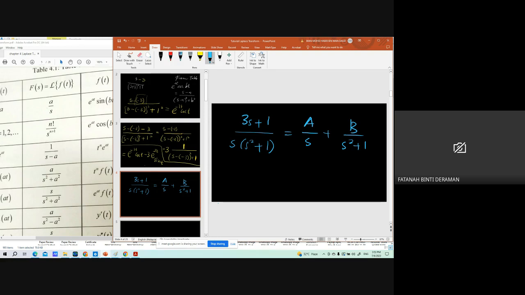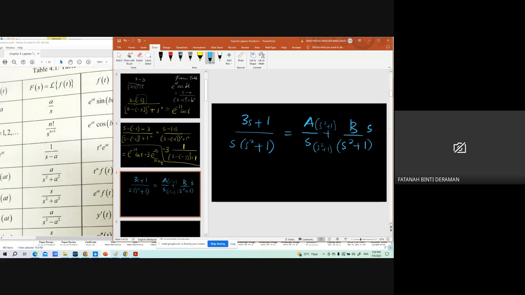We need to have a same denominator so that we can make this equation similar to this side. So to make this similar, so here we need to multiply with s square plus 1. Here is s square plus 1. And then here we need to times s.